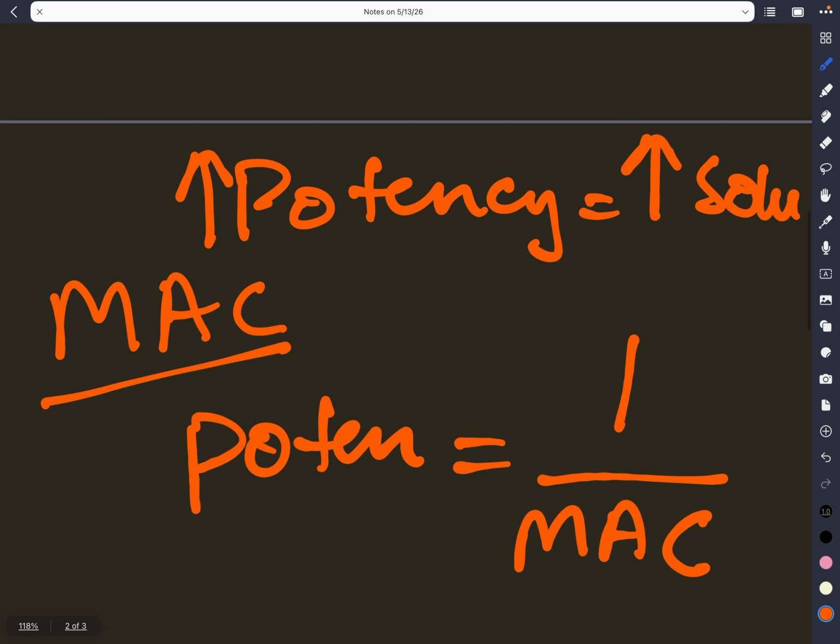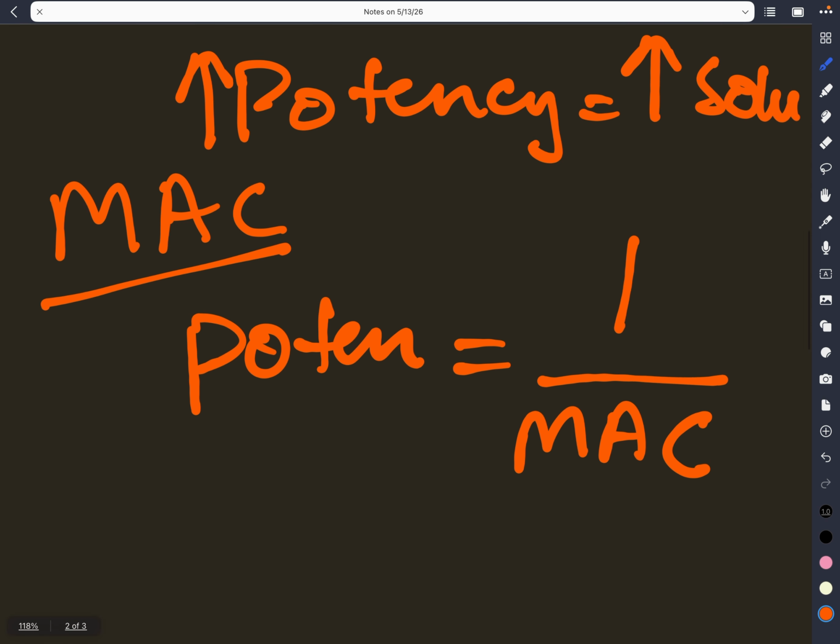So MAC is the amount of drug needed to prevent 50% of the subjects from moving in response to painful stimuli. For example, if there are 10 people, at least 5 people need to stop moving in response to a noxious stimulus like skin incision.